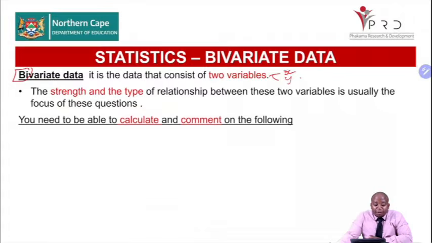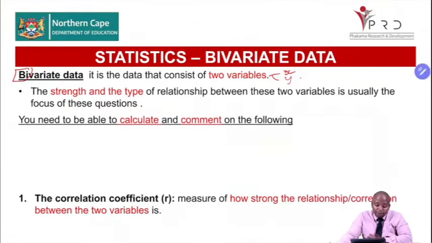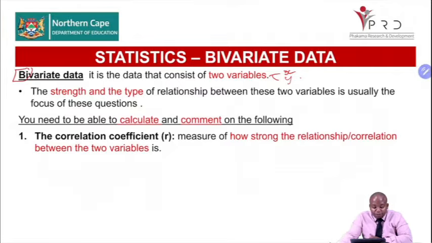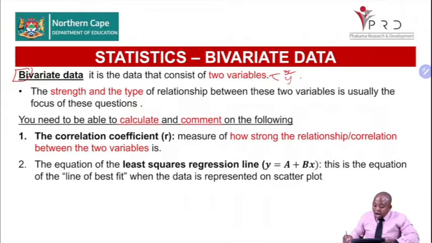For bivariate data, you need to be able to calculate and comment on the following. Number 1, you must be able to find the correlation coefficient, which is R. This is the measure of how strong the relationship or the correlation between the variables is. Remember, R is between -1 and 1.